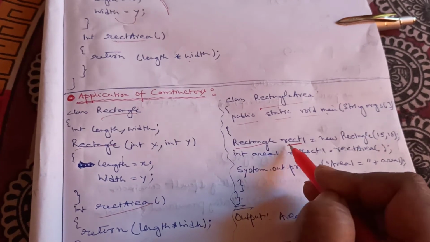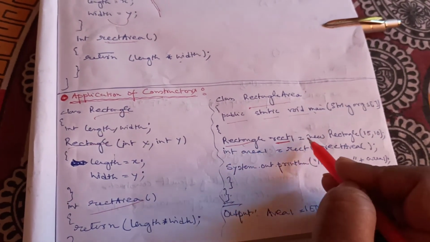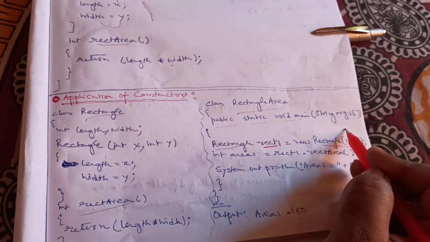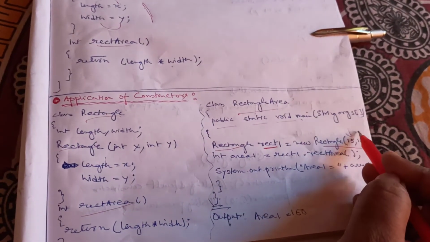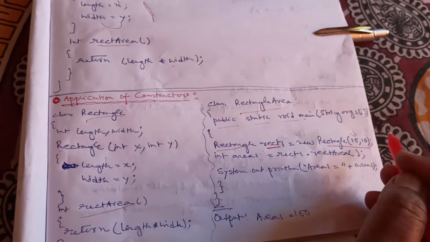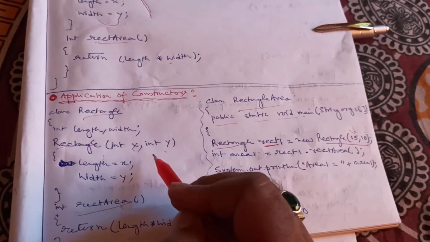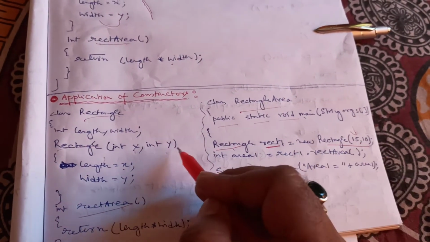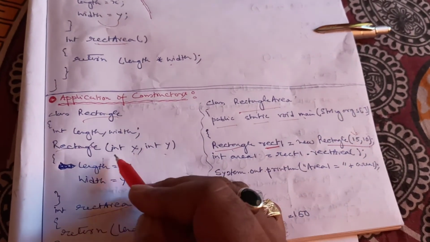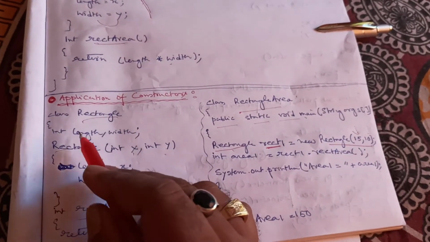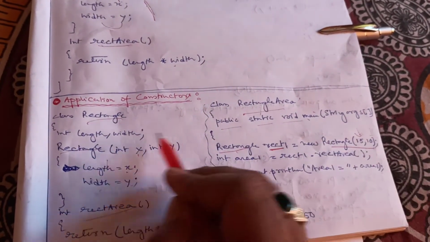The object name is rect1 of the class Rectangle, created with the help of the Rectangle constructor. Here we have passed 15 and 10 as the values of x and y. So 15 will be assigned to x, 10 will be assigned to y, and x will be assigned to length and y will be assigned to width. So length will be 15 and width will be 10.